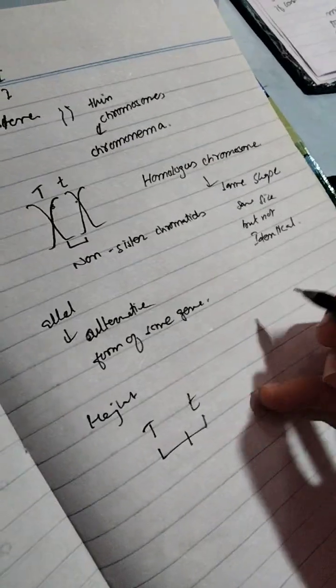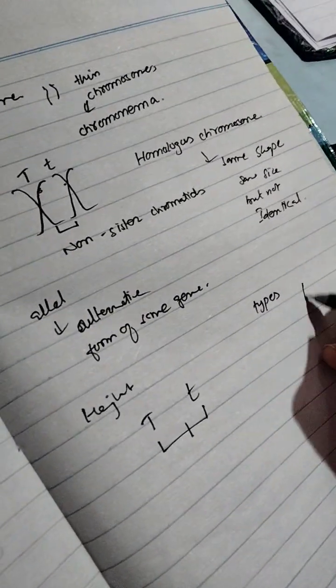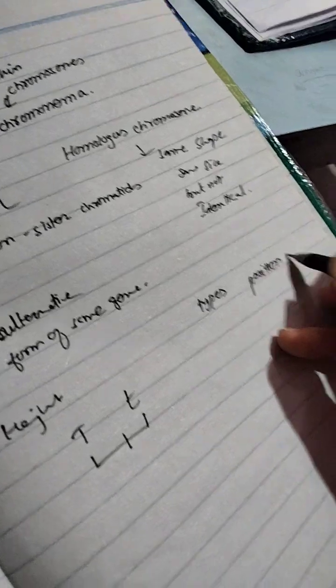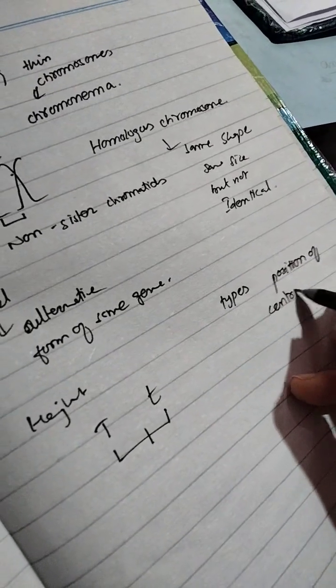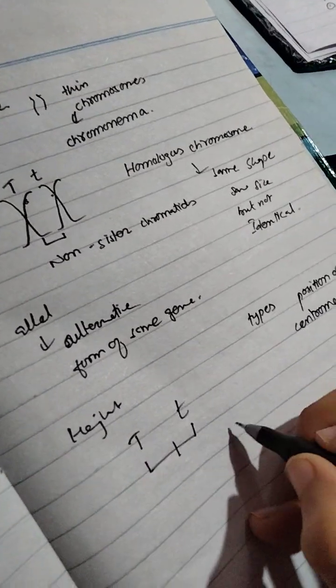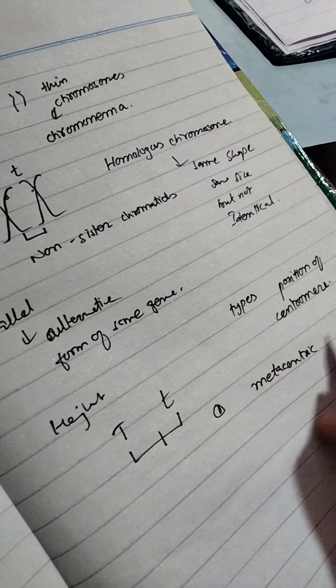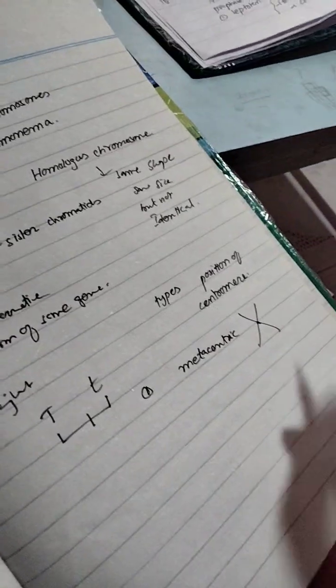But if we talk about the types of chromosomes on the basis of position of centromere, right, then we have first of all metacentric, in which the centromere is in the middle.